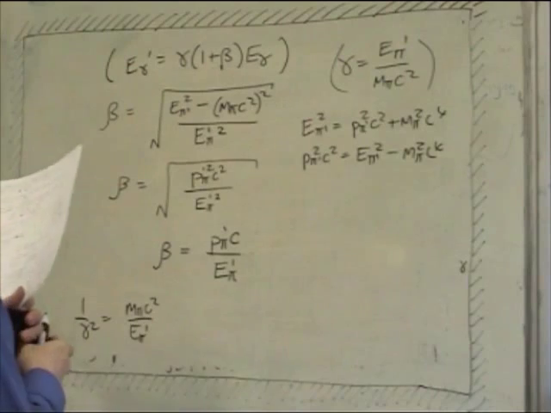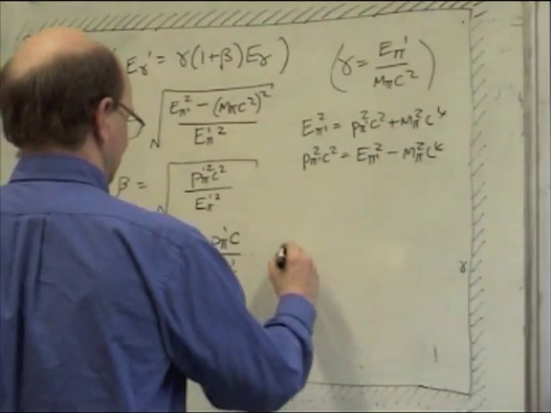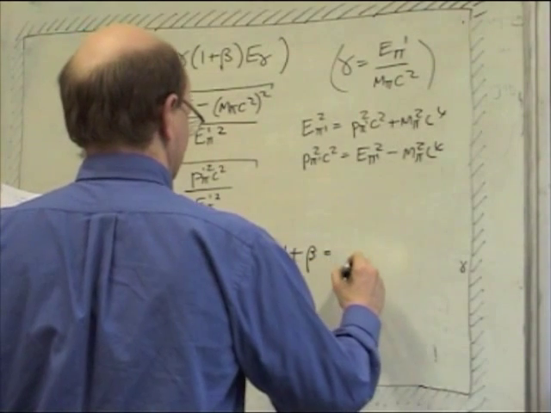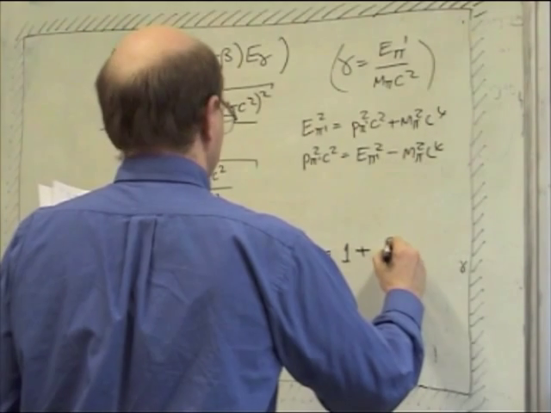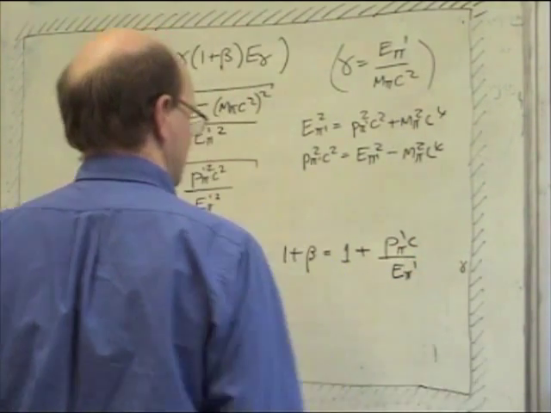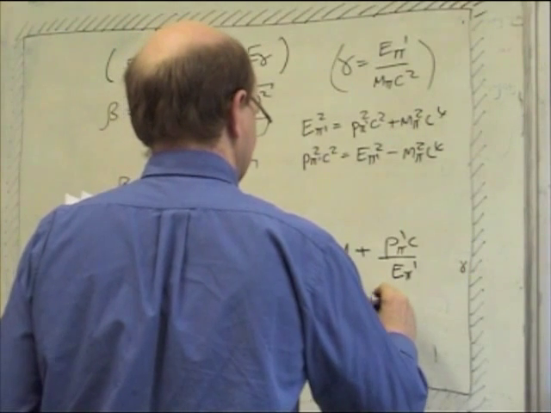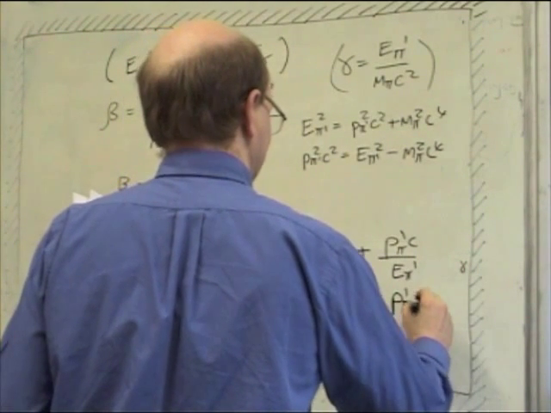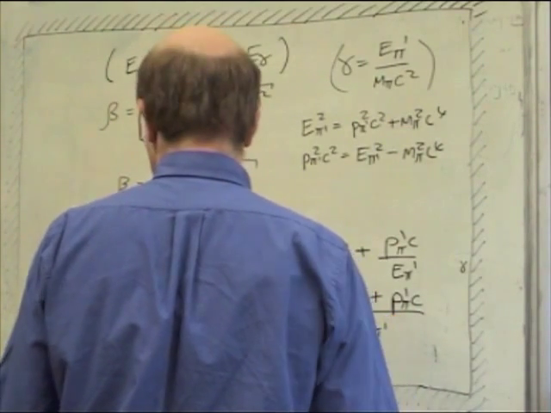If beta's this, then 1 plus beta equals 1 plus p pi prime c upon E pi primed, which equals E pi primed plus p pi prime c all over E pi primed.